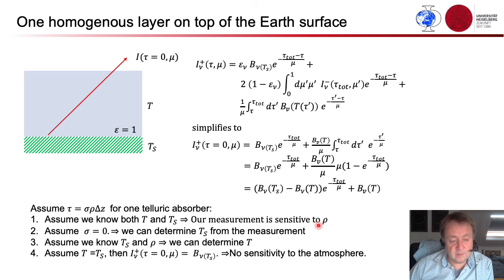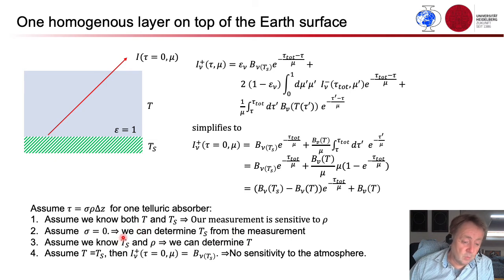So that's one case. Let us assume that we are in a region where there is no telluric absorption, so the absorption cross sections are 0. If the absorption cross sections are 0, then the transmission function becomes 1, and what remains is that we measure the Planck radiation of the surface, and from that we can determine the surface temperature.